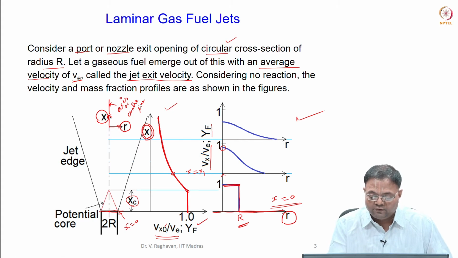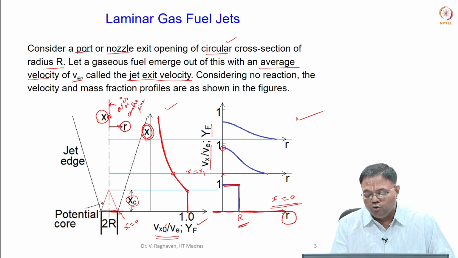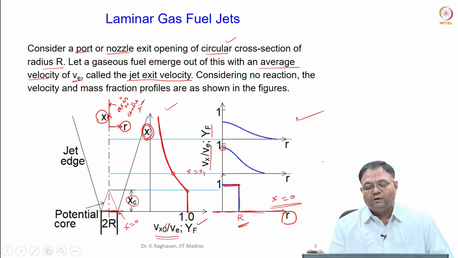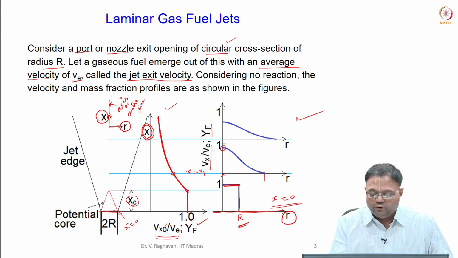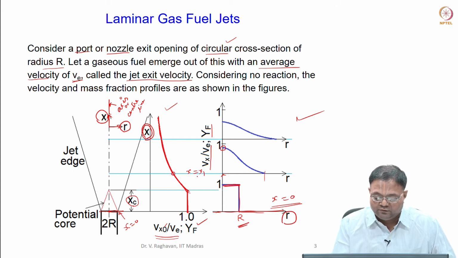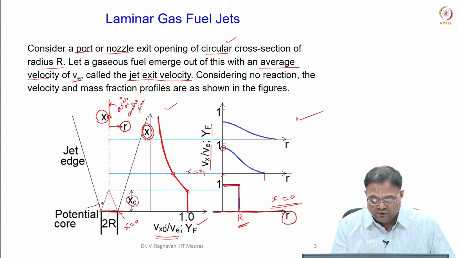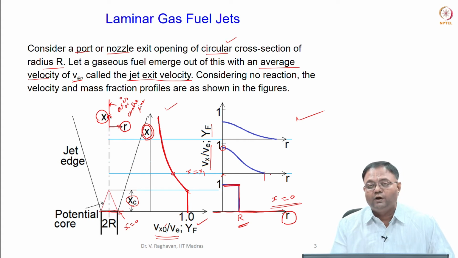It then goes to the 0 value at a particular distance, asymptotically. Similarly for Yf, starting from this, you can see that the value is not 1 here, because there is a decay at x equal to x1. You have already seen that the center line has decayed. The center line has the maximum value, and it goes non-linearly to 0 radially.